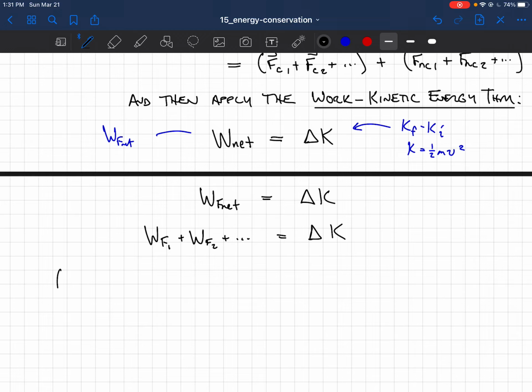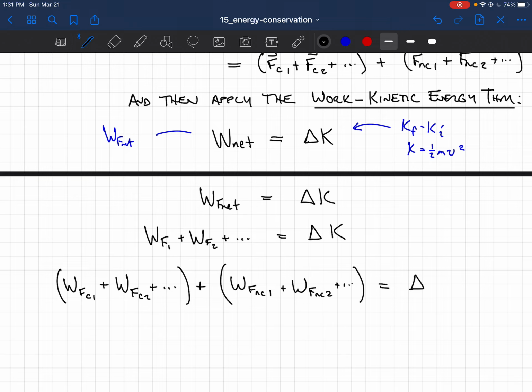But then we can use that grouping that we had, which is we can call some of them conservative: work done by conservative force 1, conservative force 2, and call some of them non-conservative. So I've just grouped them together.